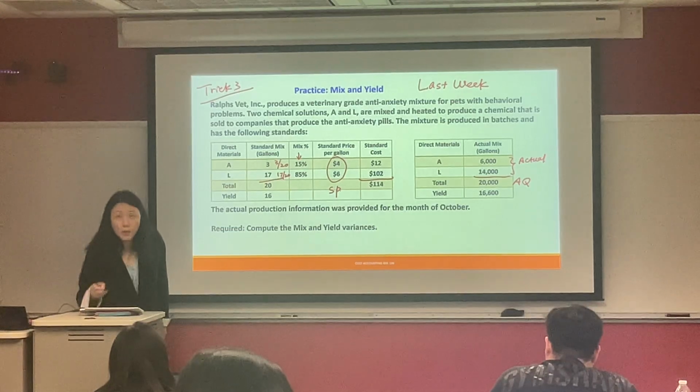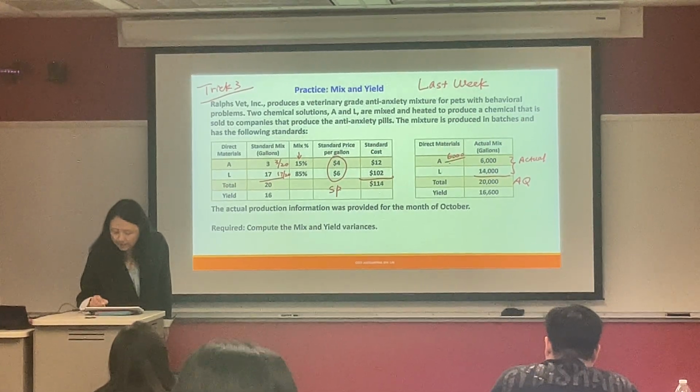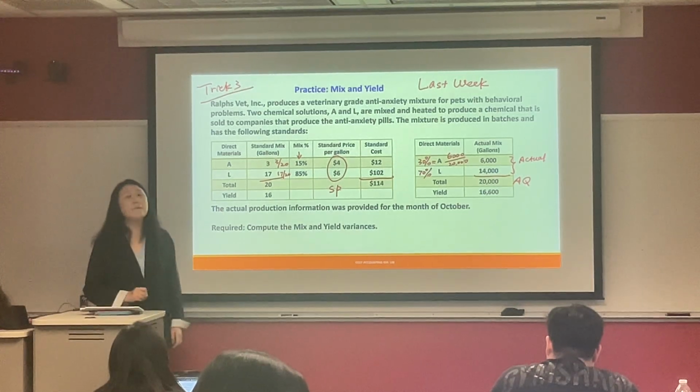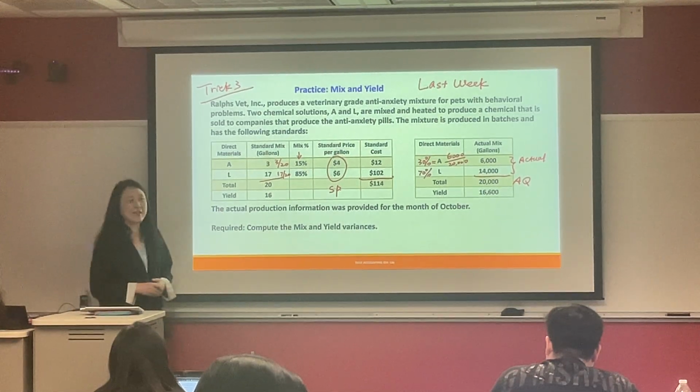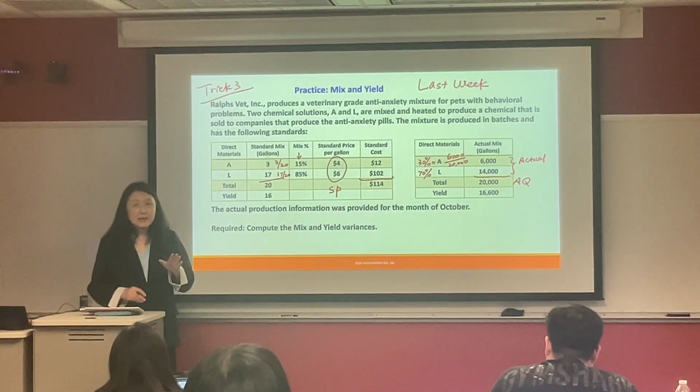If you want to get the actual mix, that will be 6,000 divided by 20,000. That's how you get the 30%. The other one is 70% because they have to add up to 100%. The only thing, as I said, is SQ.